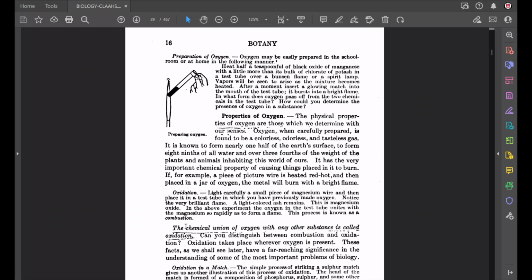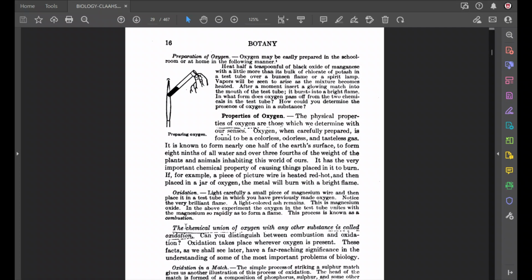We smell it, we look at it, we feel it, and so on. We could taste it. Might not be a good idea, but even smelling it might not be a good idea, right? You can make yourself sick. But we use our senses to learn about the properties of different substances, because they're physical, they're material substances.